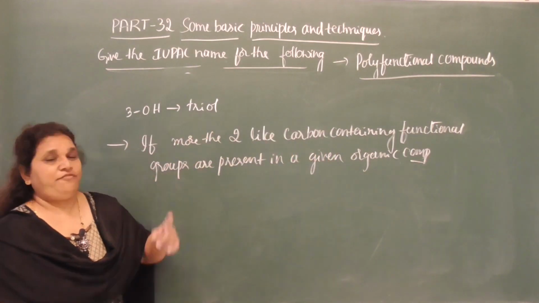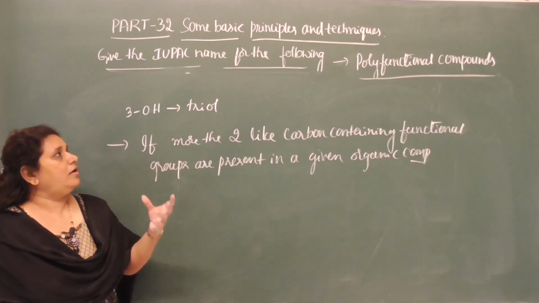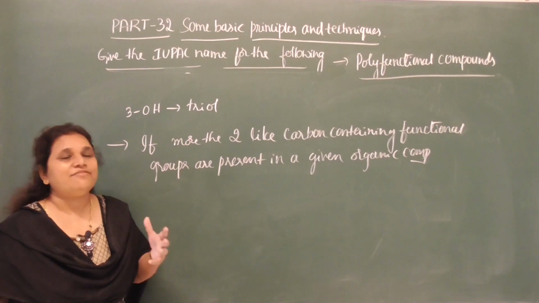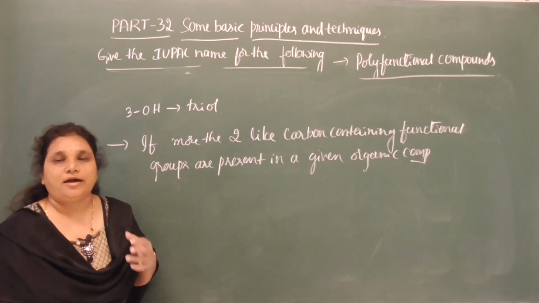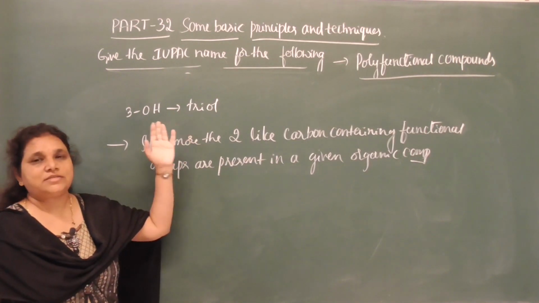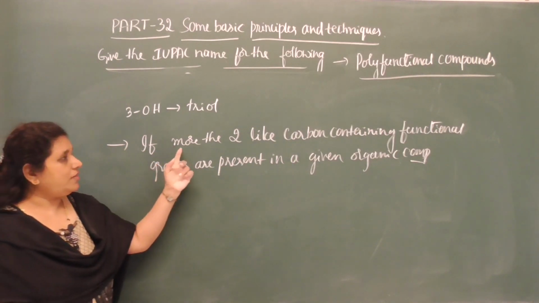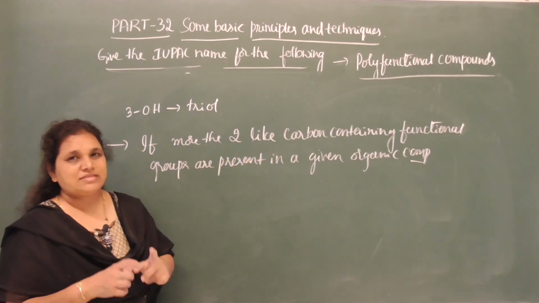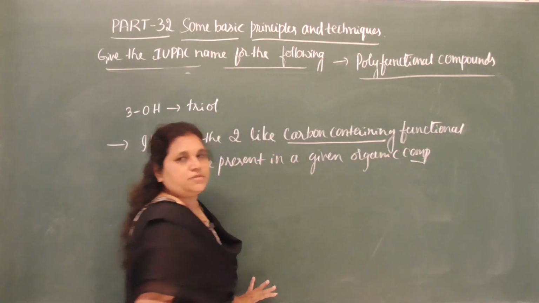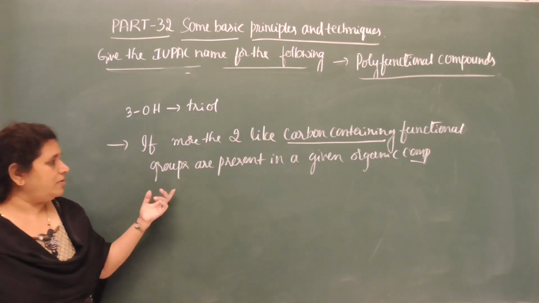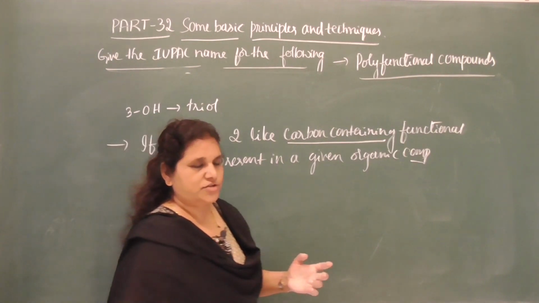Now, if functional groups, more than two, are different, or if they are two or more like functional groups which do not carry a carbon atom, then you can use the prefixes tri for 3, tetra for 4. But if more than two like carbon containing functional groups are present in a given organic compound, what do we mean by carbon containing functional groups?